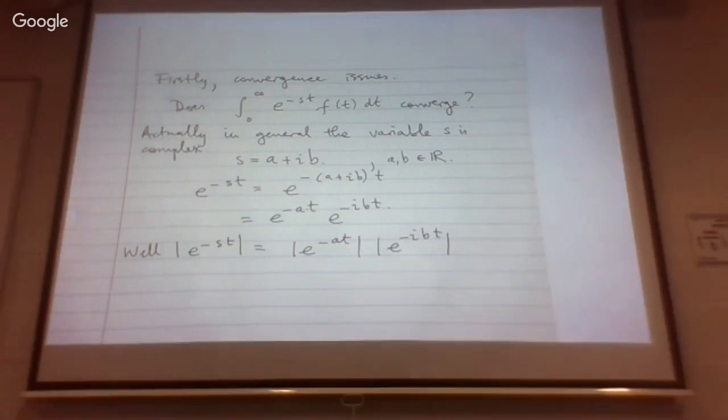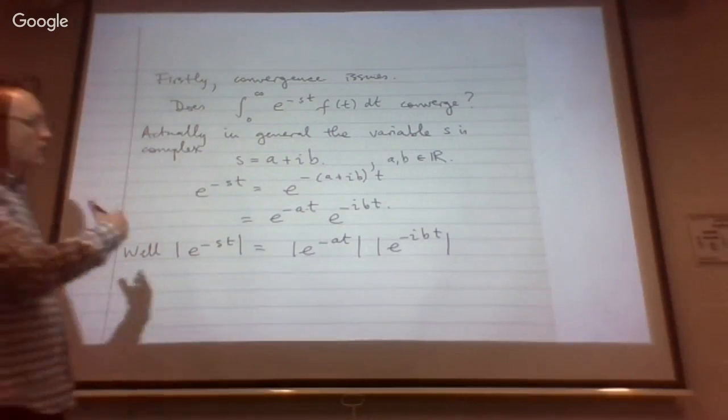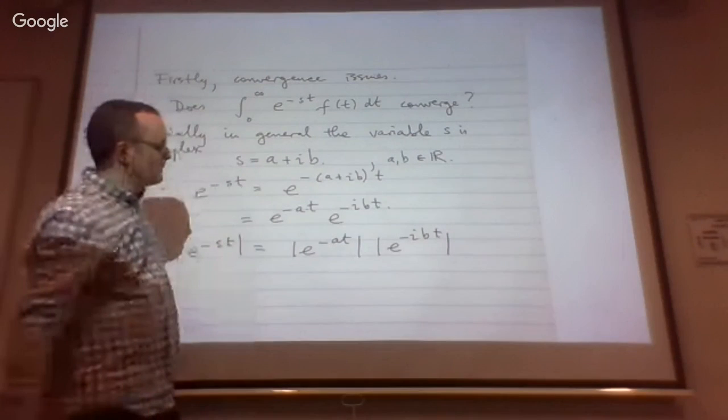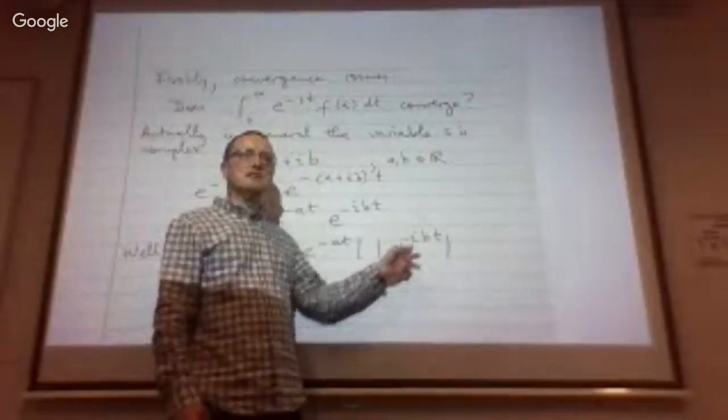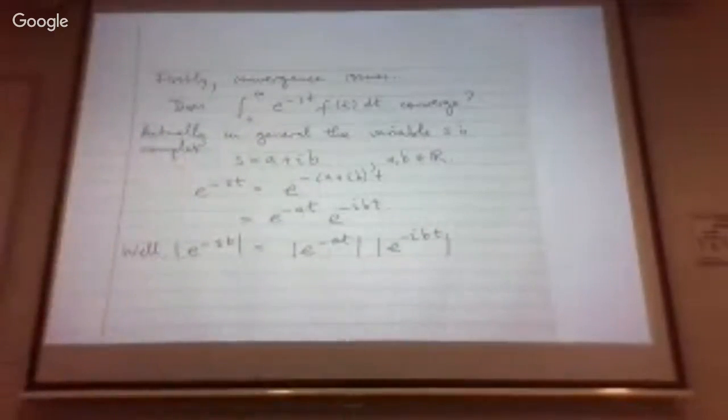So it's the product of those two absolute values. One of those we understand straight away. Remember, I don't know what a and b are. e to the minus at, I don't really know a lot about. But e to the i times something, well, that's from Euler's equation.